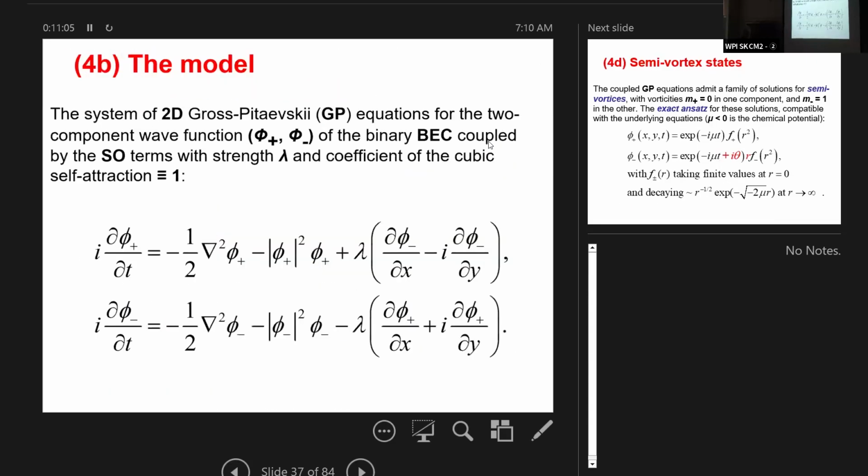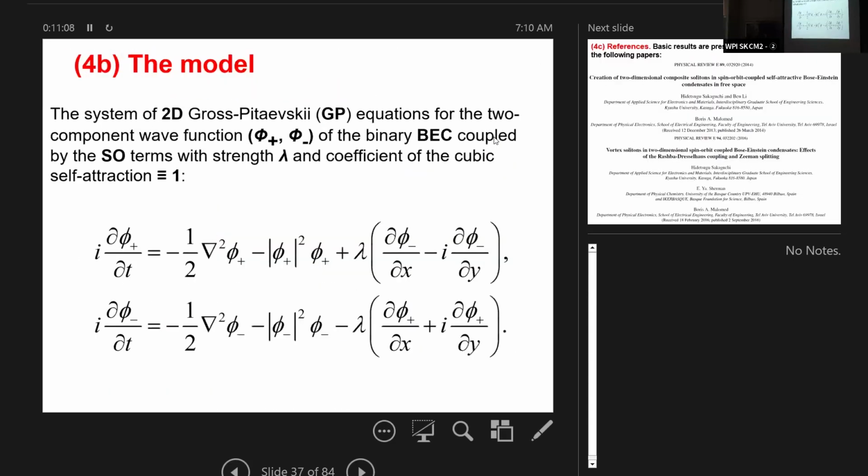Maybe I should jump back. So exactly this combination of the vorticity 0 in one component and 1 in the other, exactly this combination is compatible with this form of the linear mixing between the two components through their first spatial derivative. This is a rather simple mathematical fact.